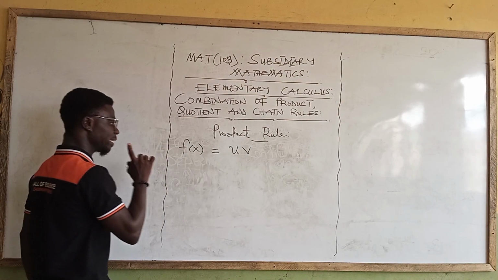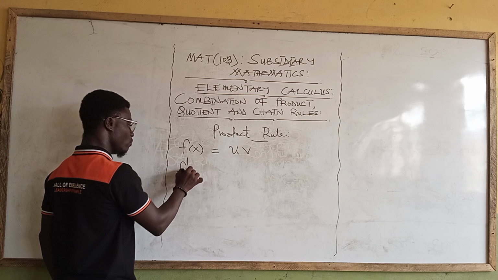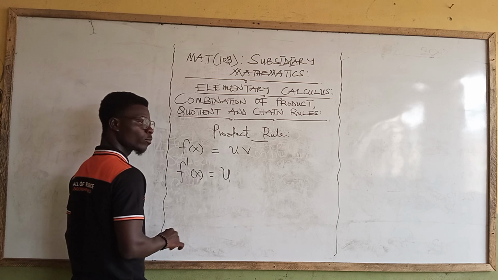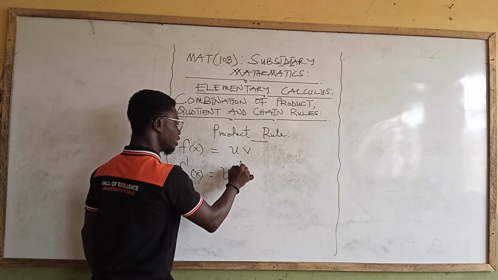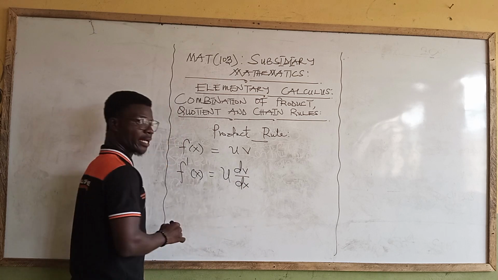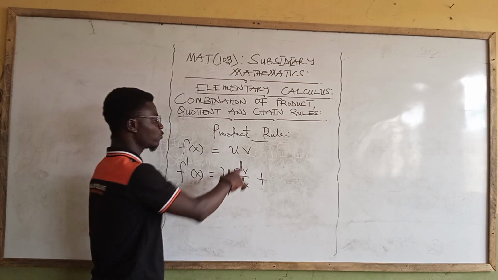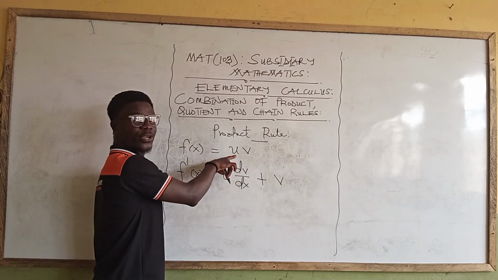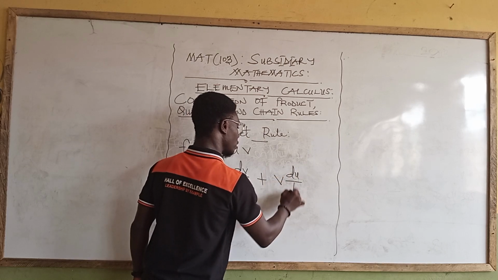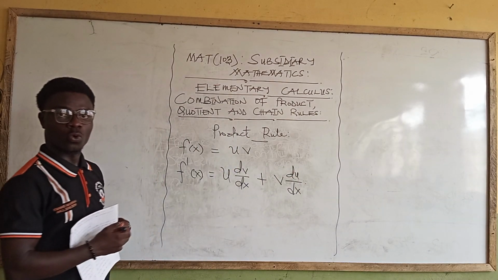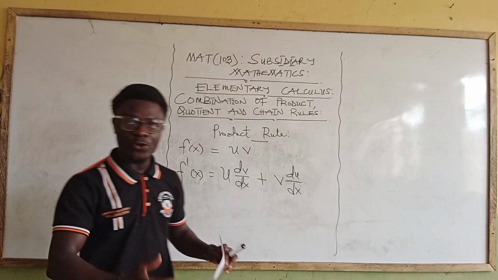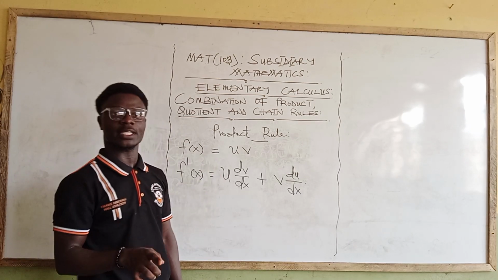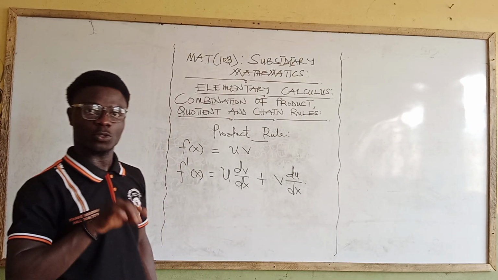The product rule states that my f prime of x, which means I want to differentiate, is this: we hold u constant, then differentiate v with respect to x, plus we move to the next thing, v, hold v constant, and differentiate u with respect to x.